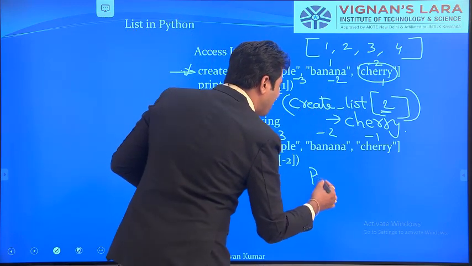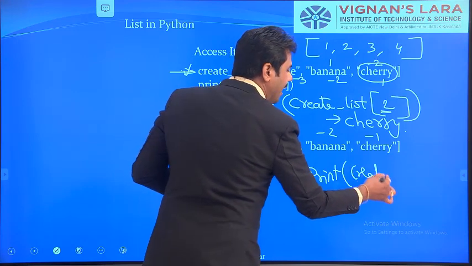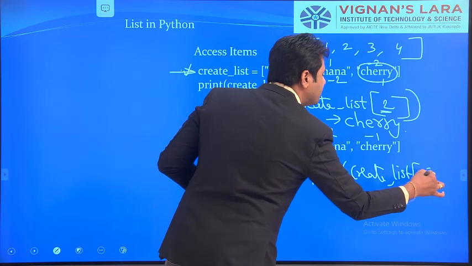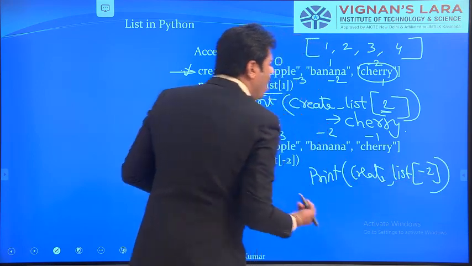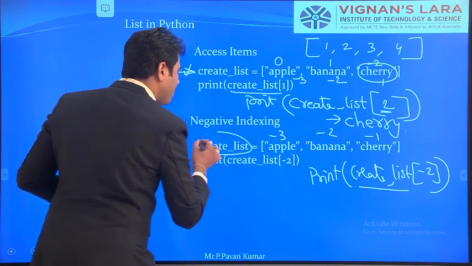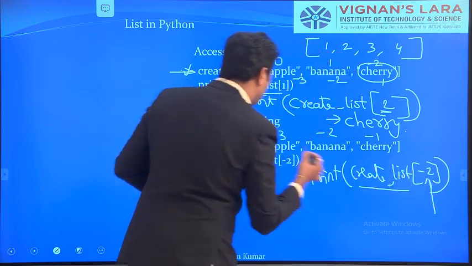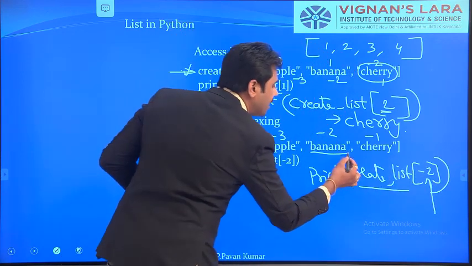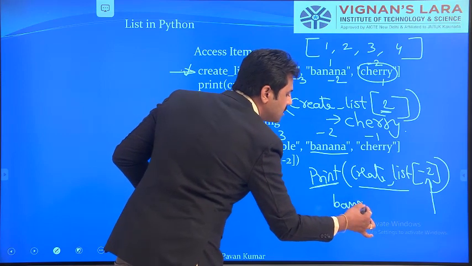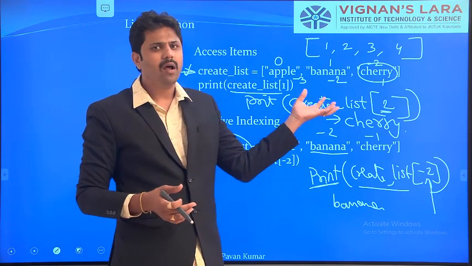For negative indexing I write print create list of -2. Create list is the name of the list. Where is -2? This is -2. It prints the -2 value, which is banana. Like this you can access your list.